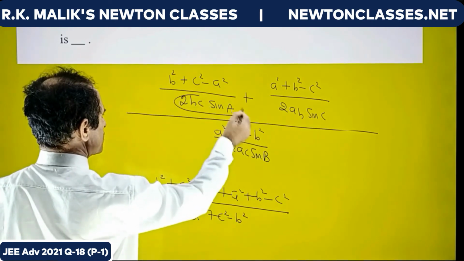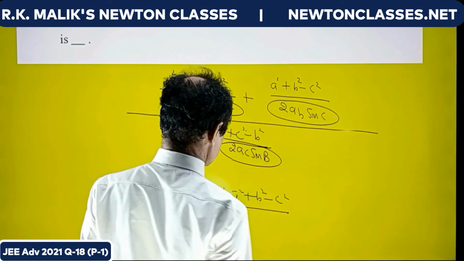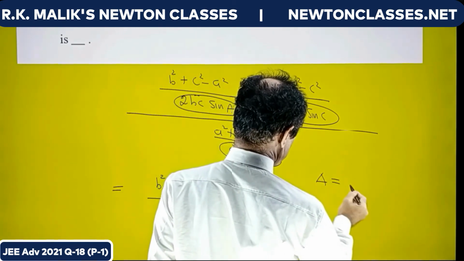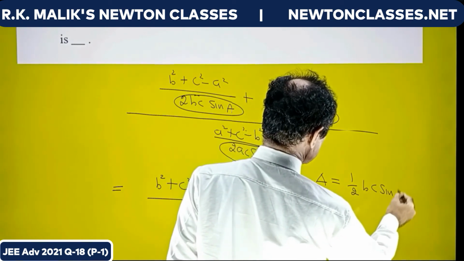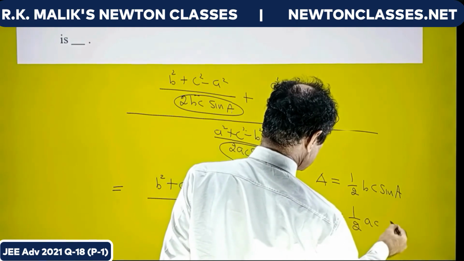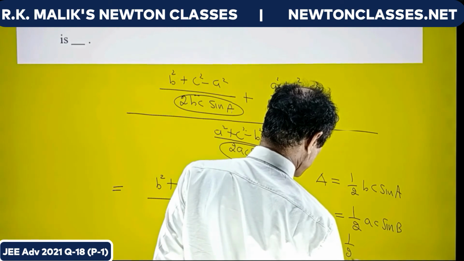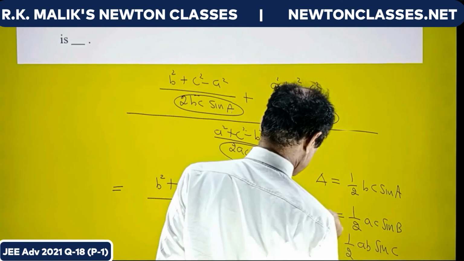Note that all these are equal because delta is 1 by 2 bc sin a, or also equal to 1 by 2 ac sin b, also equal to 1 by 2 ab sin c.